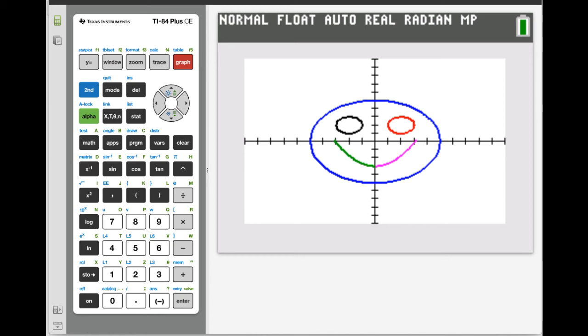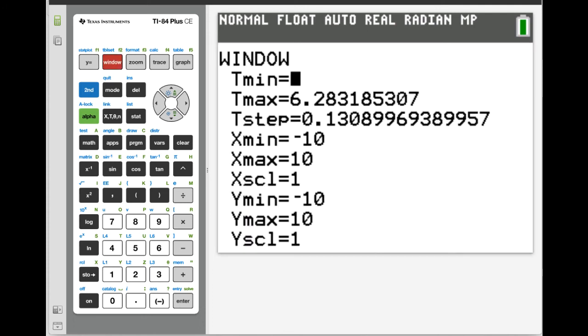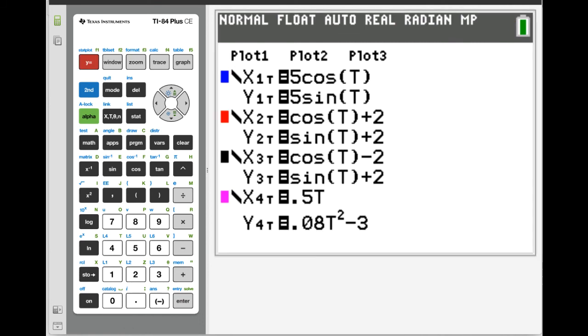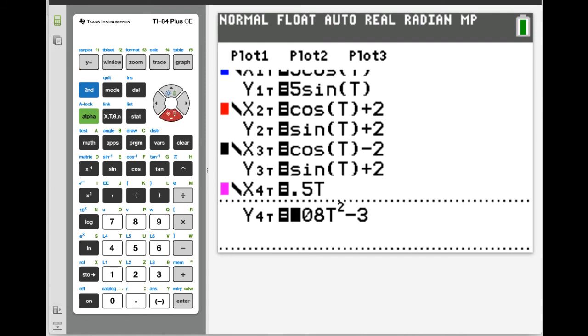So here's my smiley face. As you can see, I basically did 3 different circles, one for the big face and 2 small eyes, and then I did 2 different parabolas. When I first did those parabolas, they graphed way too far, because remember, under the window I'm going from 0 to 2 pi here. I did y equals t squared, x equals t, and it gave me a huge parabola.